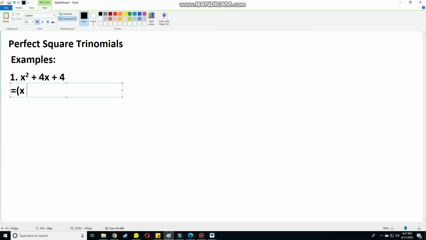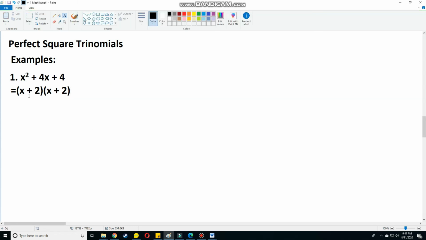The sign of the middle term is plus, so let's have the plus sign here. Then let's get the root of the last term. What's the square root of 4? And that is 2. And let's do it twice. So we have x plus 2. Okay. And now this is the factored form.